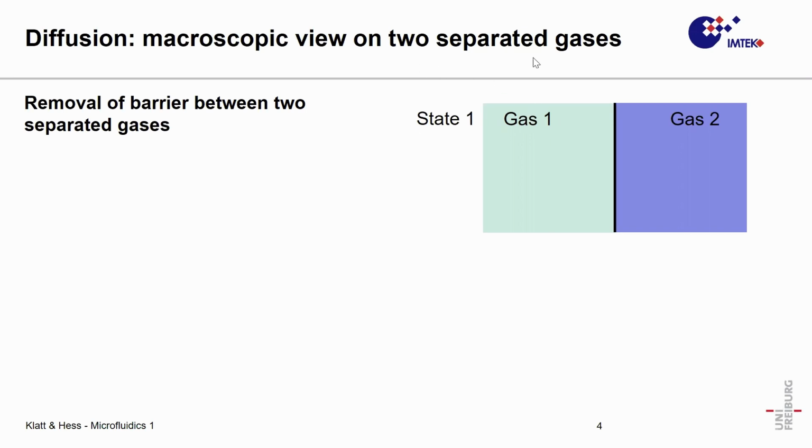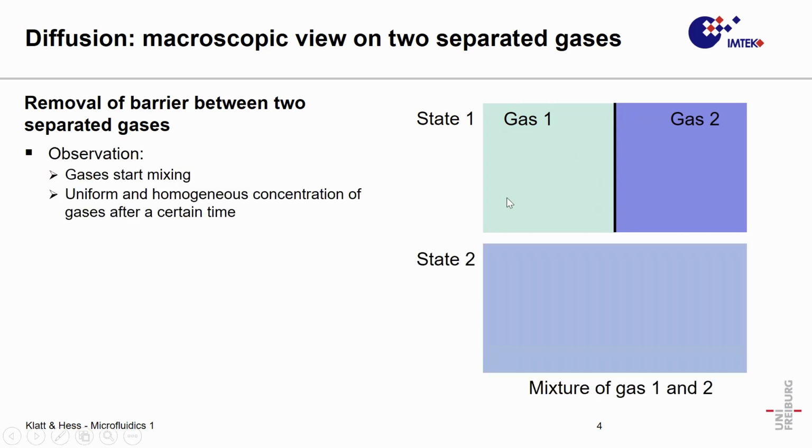On the right-hand side, you can see a state 1, which consists of a gas 1 and a gas 2 that are separated by a membrane, and both gases are inside the same container. What would you expect happens if you remove the barrier between the two gases?